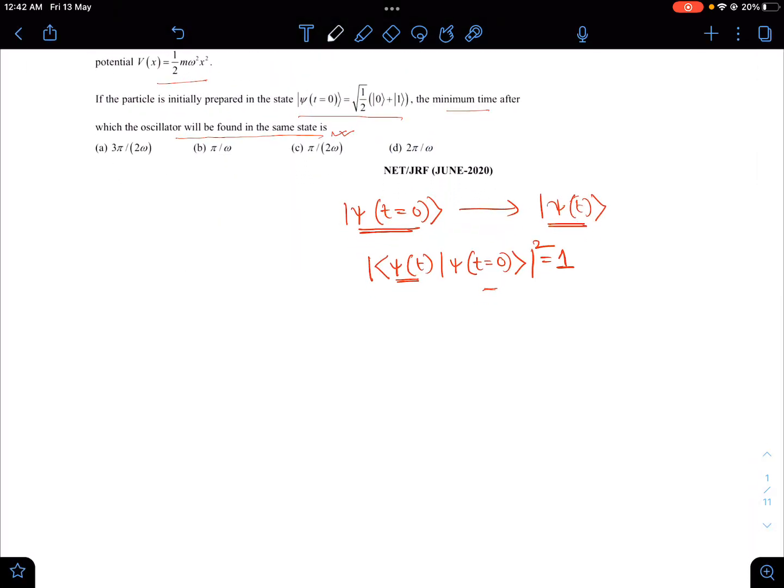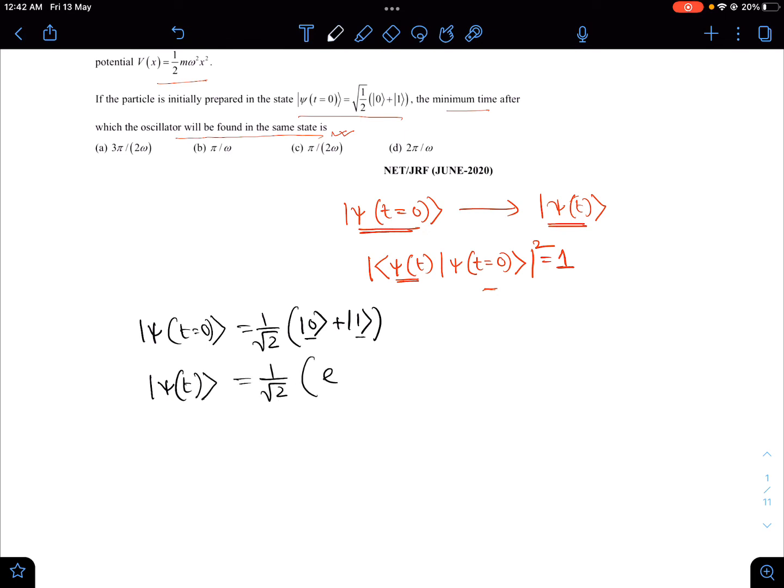So let us proceed. We have psi at t equal to 0 as 1 by root 2, 0, 1. Since these are the energy eigenstates, we can write psi at a finite time to be 1 by root 2, e to the power minus i E0 t by h cut for state 0, and e to the power minus i E1 t by h cut for state 1. Let us denote the ground state energy by E0.